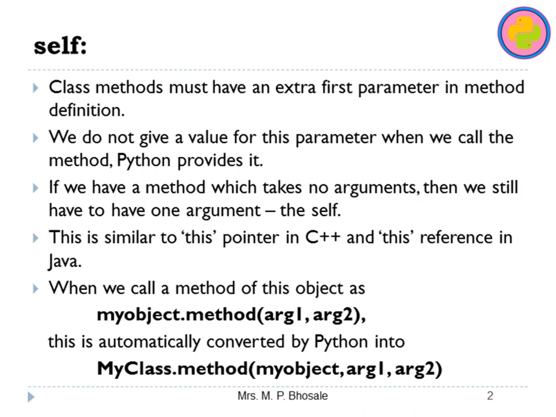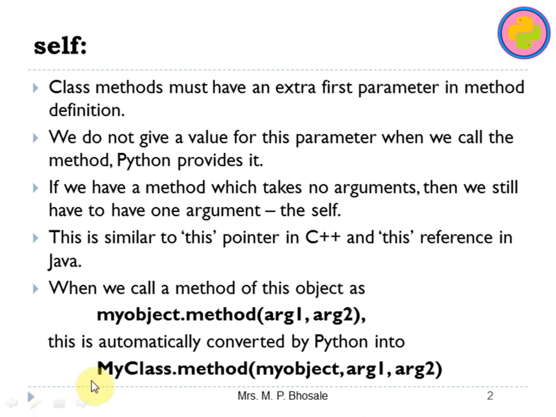While calling we have to skip that self parameter, but we have to specify the values for the remaining parameters, and that will be automatically converted by Python into the class name dot method name, and in brackets first is the object name and then the remaining parameters.